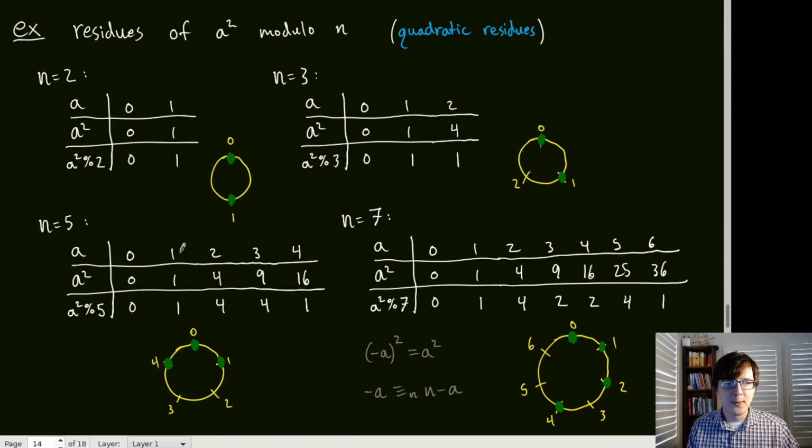So now it's 0, 1, 2, 3, or 4, being the residues mod 5. We square them all and get 0, 1, 4, 9, and 16. And then we take the remainders after division by 5 to get 0, 1, 4, 4, and 1. So the only quadratic residues are 0, 1, and 4. We see those are the ones with the green circles, and 2 and 3 are not residues.